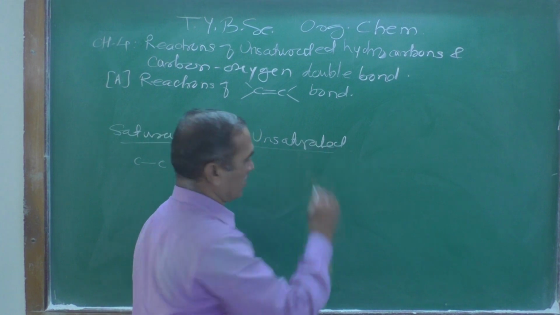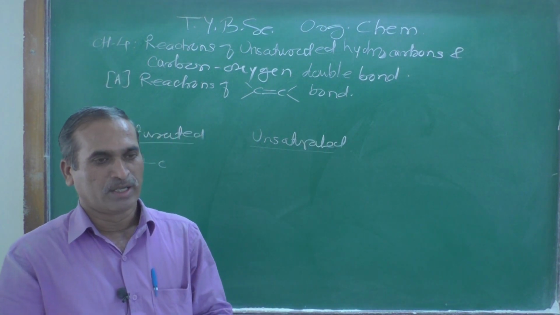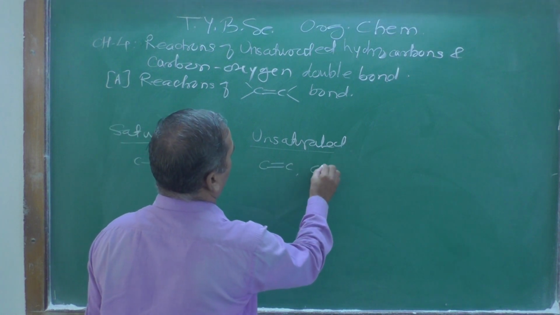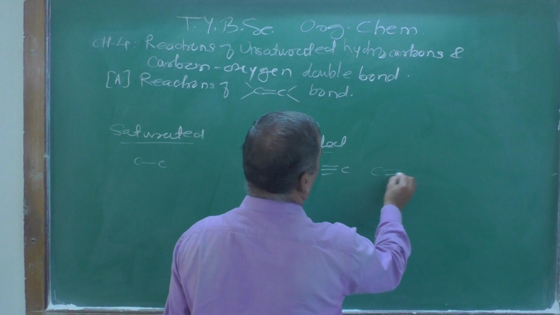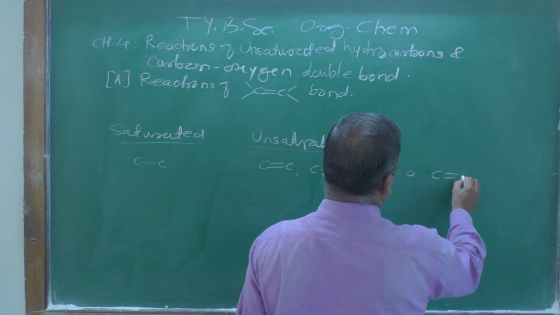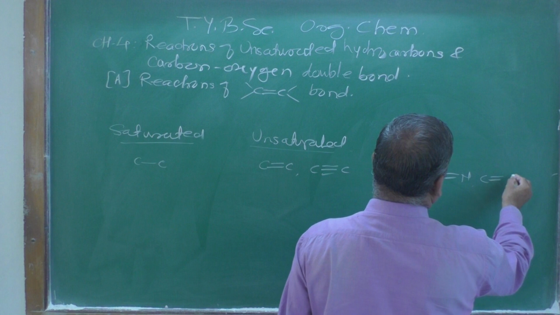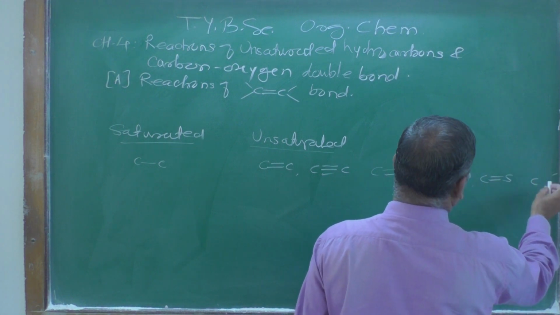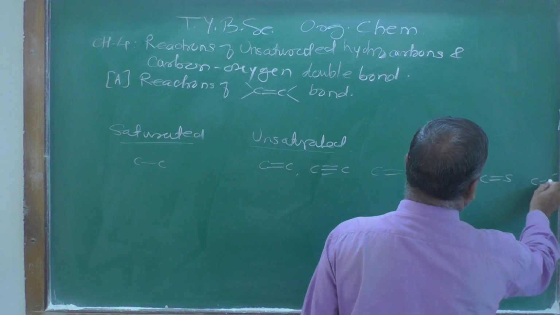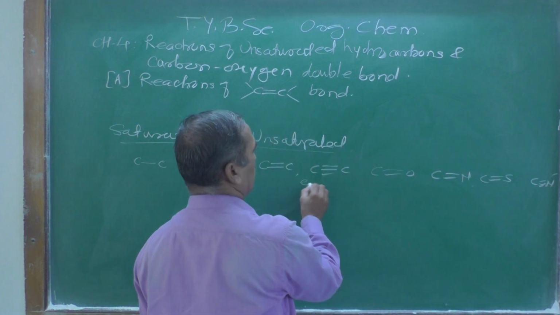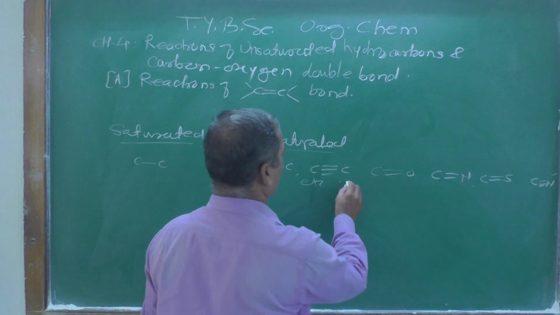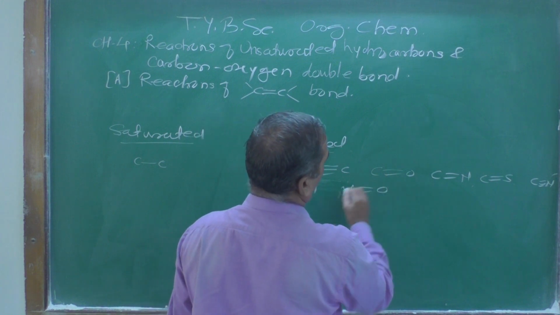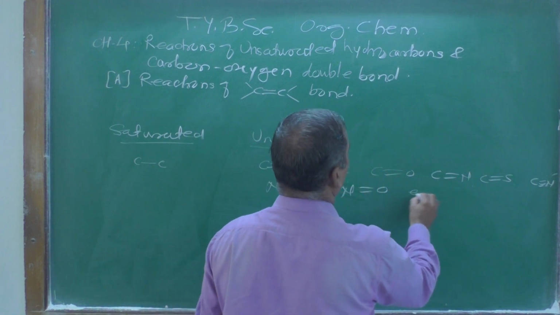Now, the unsaturated compound. Theoretically, an organic compound containing a carbon-carbon double bond, carbon-carbon triple bond, carbon-oxygen double bond, carbon-nitrogen double bond, carbon-sulfur double bond, carbon-nitrogen triple bond, etc., or N double bond N or N double bond O, you can call it.